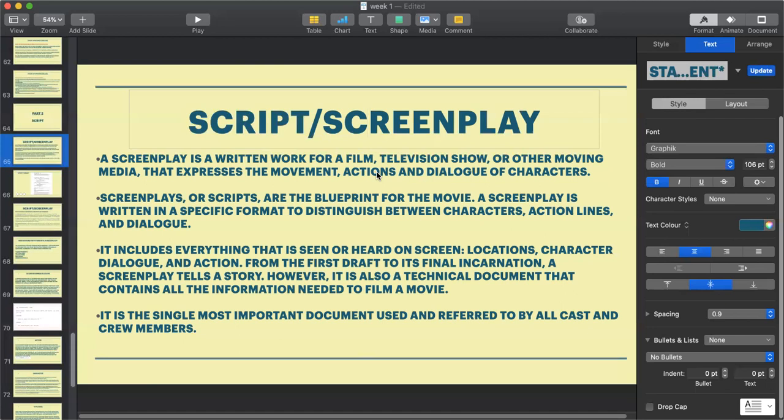or a television show or a game or whatever it is. Okay. When you are reading it, you should be able to visualize what will happen on the screen. Okay. If you're reading a proper script, you should be able to imagine that this is going to be happening in the film.